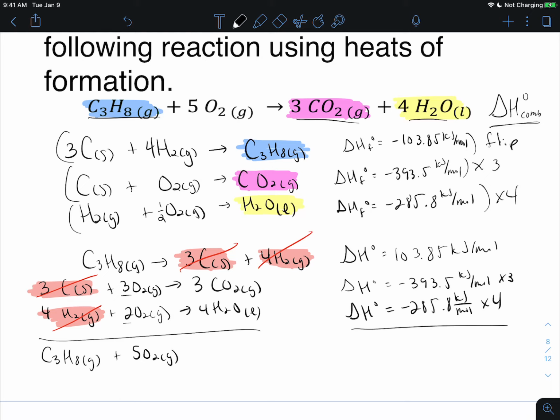And as I said, here it is. Didn't need to worry about the O2. And then we get 3 CO2 gas plus 4 H2O liquid. And that is the equation here.